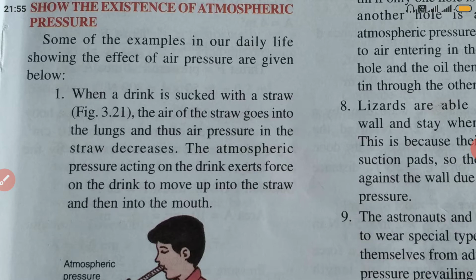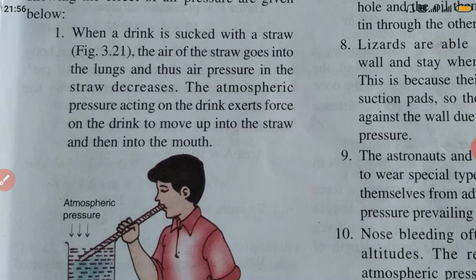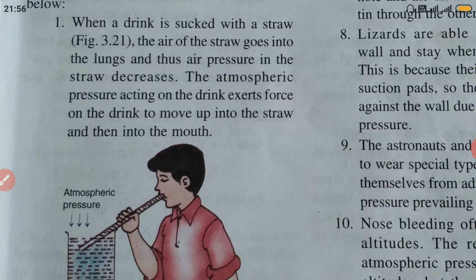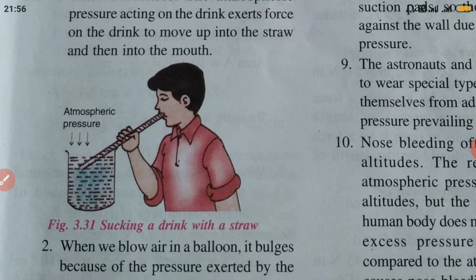Some of the examples in our daily life showing the effect of air pressure are given below. When a drink is sucked with a straw, the air of the straw goes into the lungs, and thus the air pressure in the straw decreases. The atmospheric pressure acting on the drink exerts force on the drink to move up into the straw and then into the mouth. So when you are trying to suck some soft drink or juice, first the air in the tube will go into your lungs.